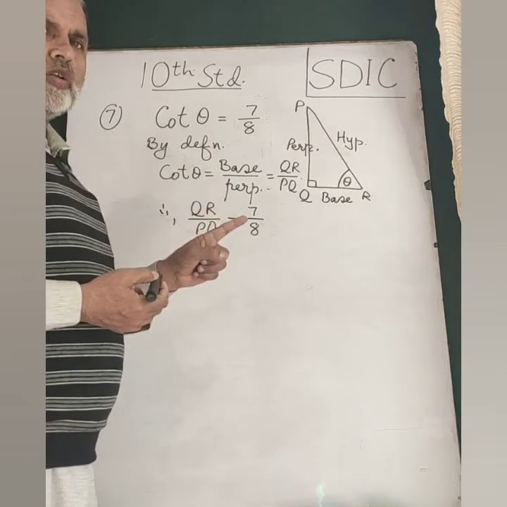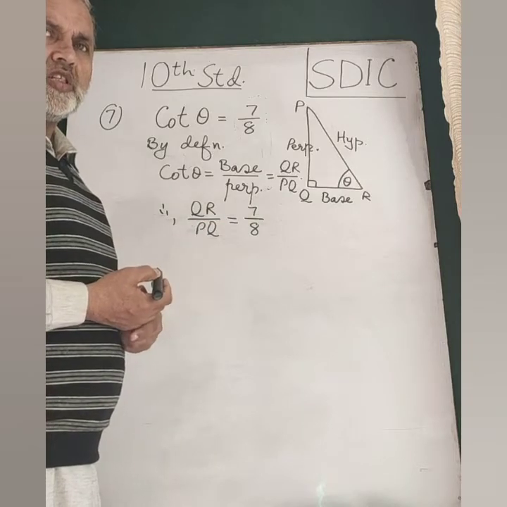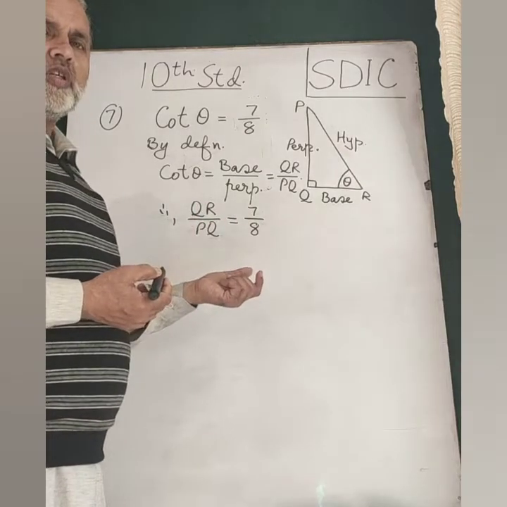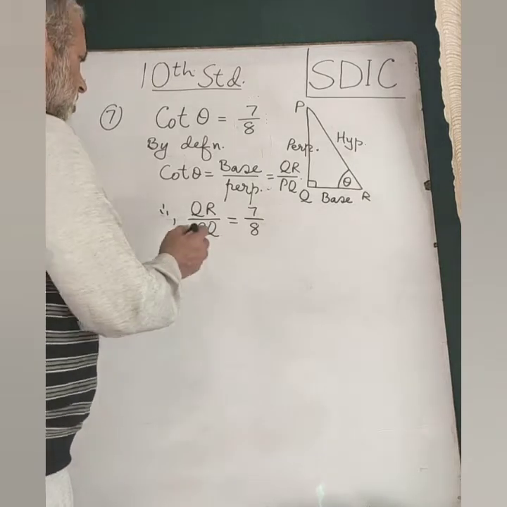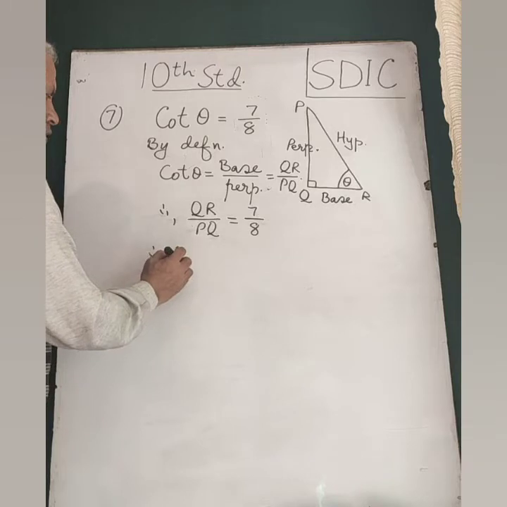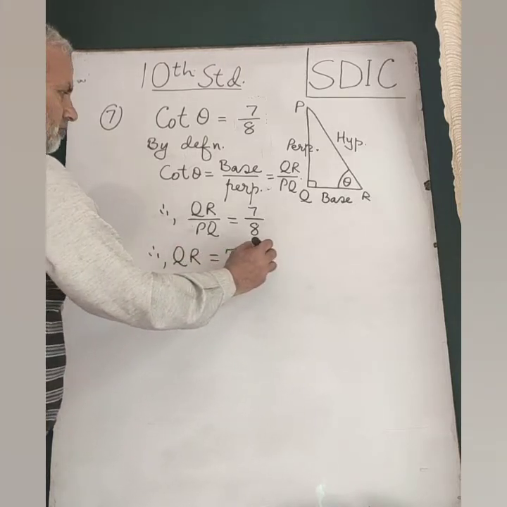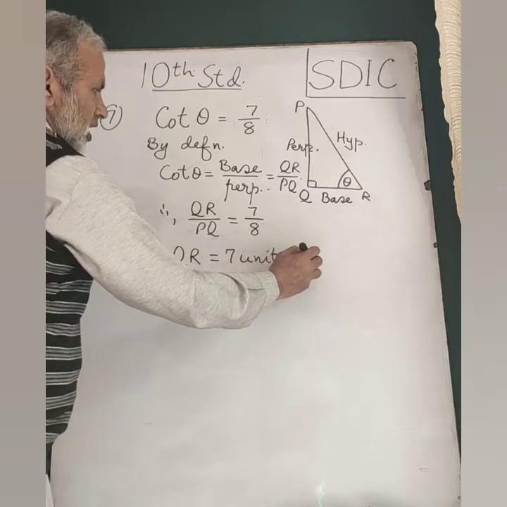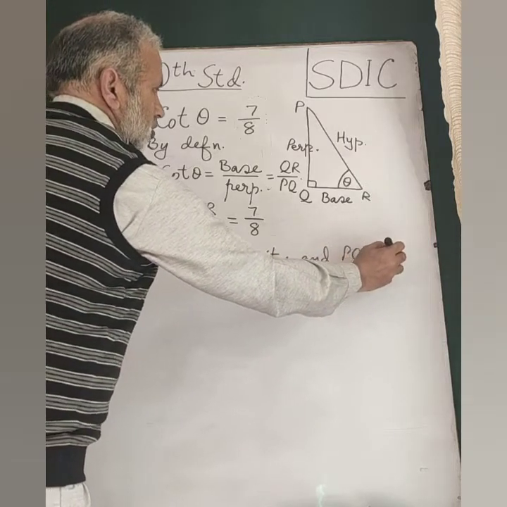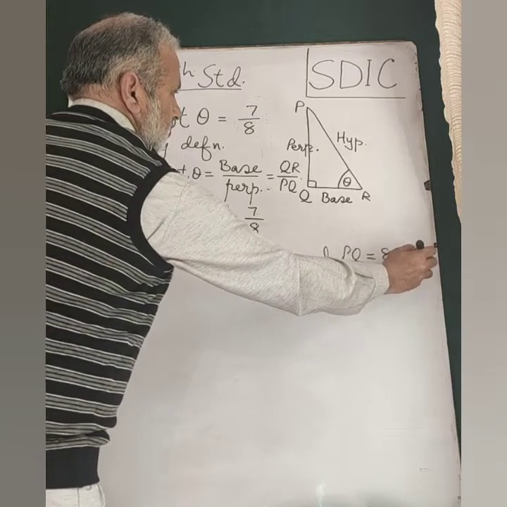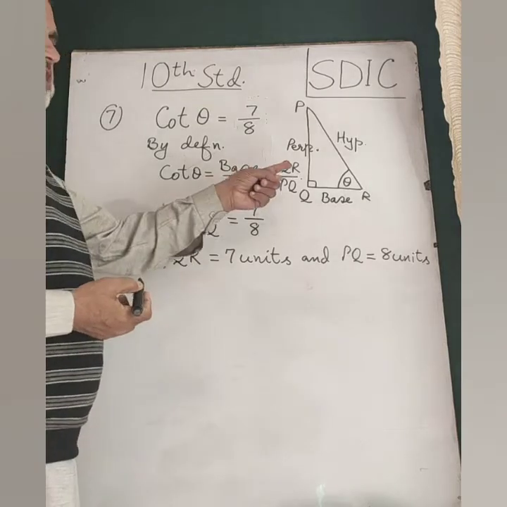Last time you were told, we don't use centimeter or meter here because the unit is not mentioned. We'll therefore use the word units. 7 units and 8 units we'll say. Therefore, QR is equal to 7 units and PQ is equal to 8 units. Thus we got the lengths of two sides of this right triangle.